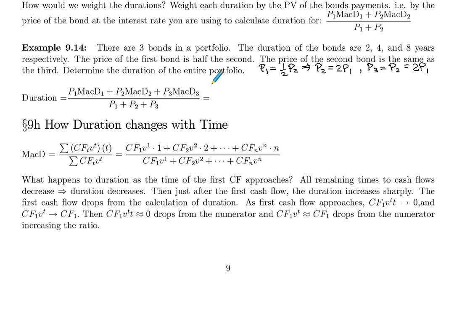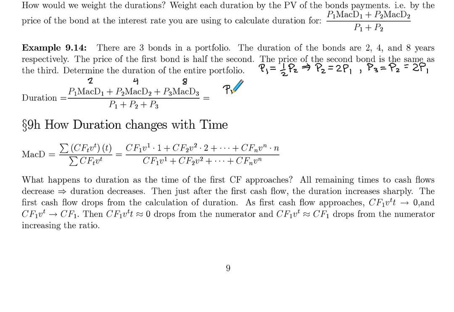So let's go ahead and do some plugging in with relative prices here. We know that the durations for these bonds are 2, 4, and 8 years respectively. So MACD1 is 2, MACD2 is 4, and MACD3 is going to be 8. Everything's based on the price of the first bond. P2 depends on P1, and P3 depends on P1. So we'll write everything in terms of P1.